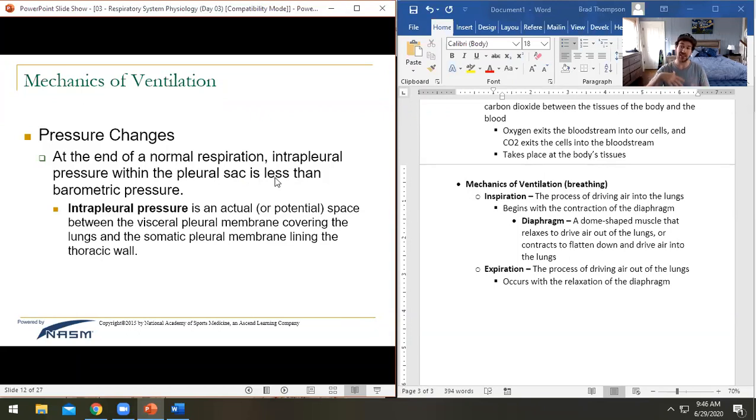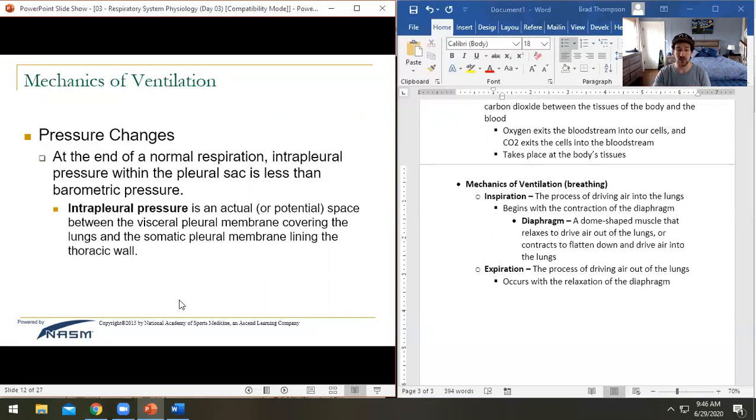So when you exhale, there is very little pressure in your lungs, and nature wants to send all the oxygen over to the low pressure area. Intrapleural pressure is an actual or potential space between your pleural membrane, which covers your actual lungs, versus the somatic pleural lining of your wall.